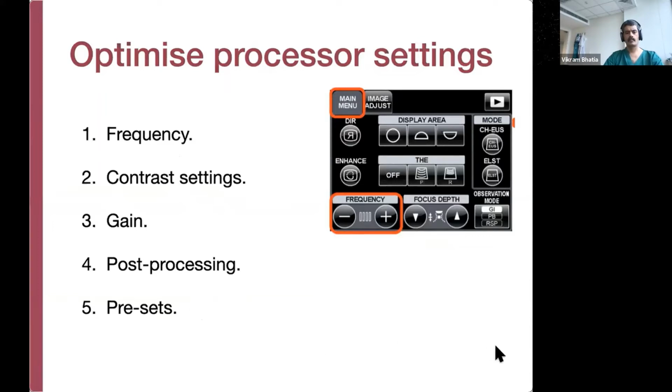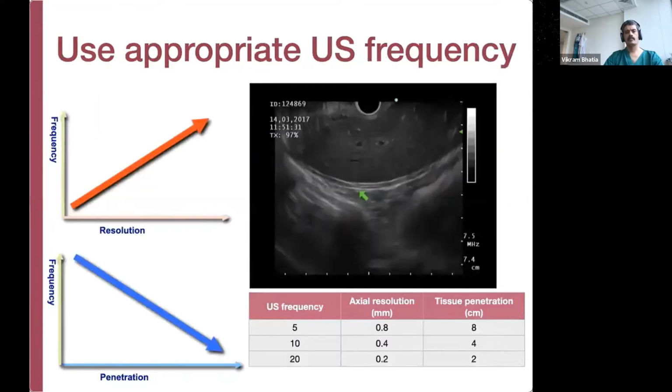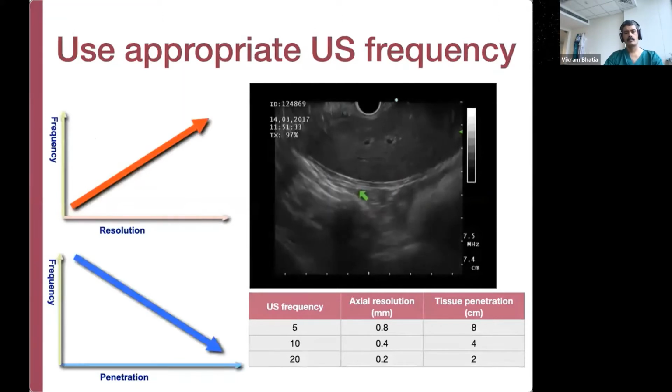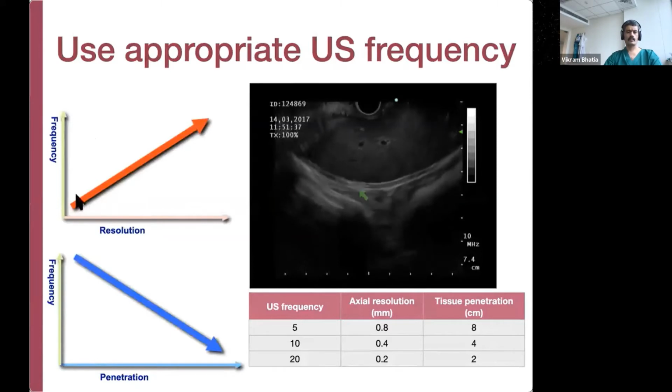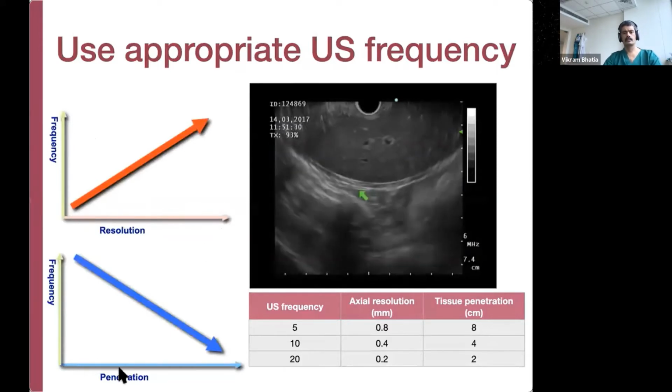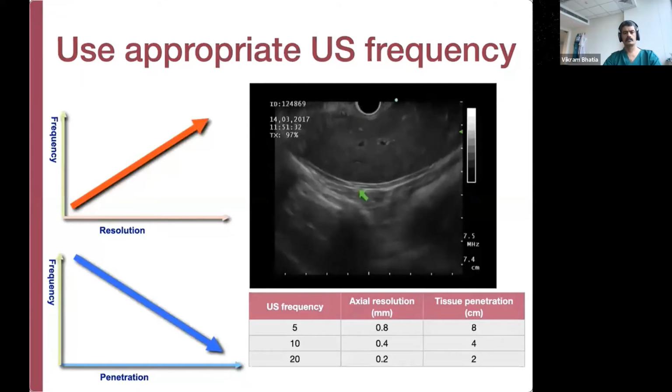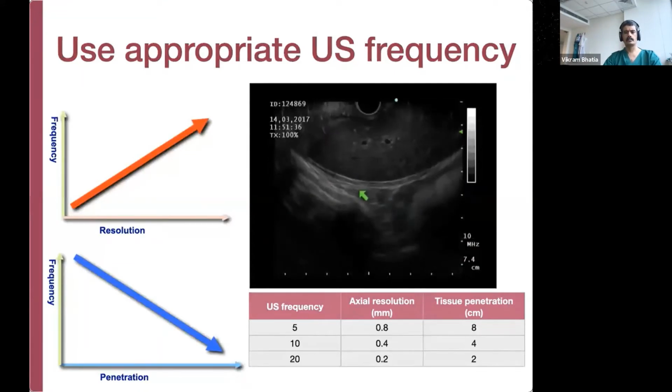Now, the first and foremost is to use an appropriate ultrasound frequency. Basically, what you have to understand is that as you increase the frequency, the resolution goes up, but the penetration goes down. So adjusting the frequency allows you to increase resolution at the expense of penetration, or increase penetration at the expense of resolution.